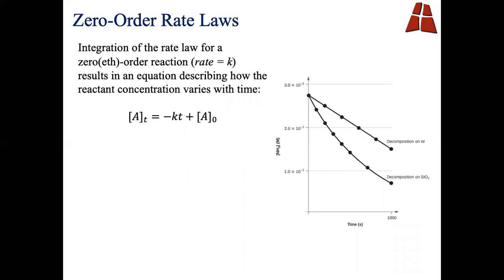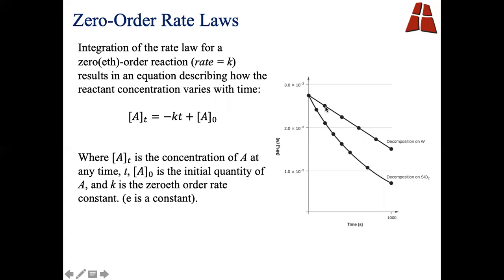Finally, we also have zero order rate laws. This is where, if we were to integrate this expression right here, where rate is equal to k, we end up with our zero order integrated rate law equation, which is the concentration at any time being equal to the negative rate constant times time plus the initial concentration. So this is our linear relationship where our y-axis is just the concentration of whatever we have versus time.